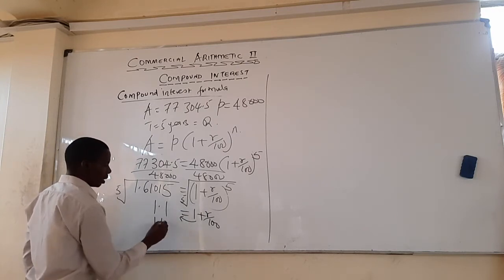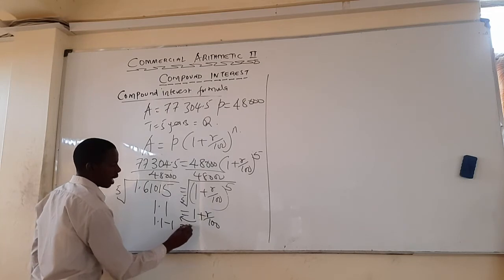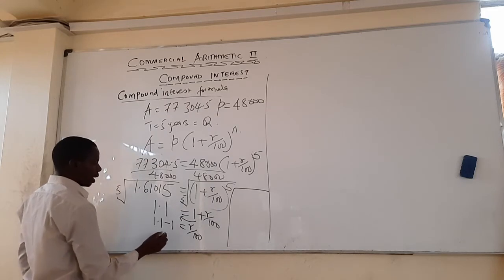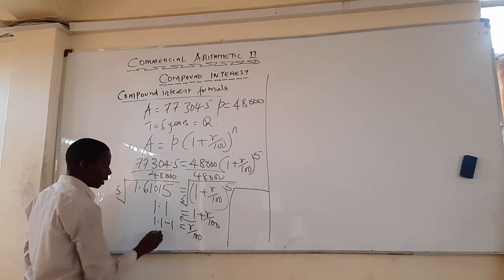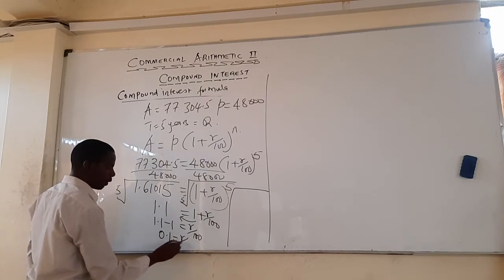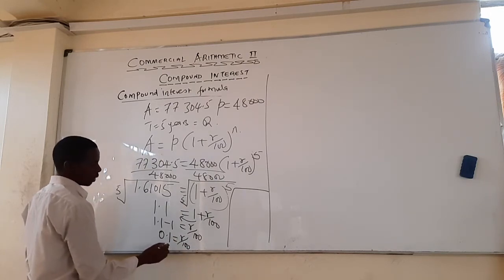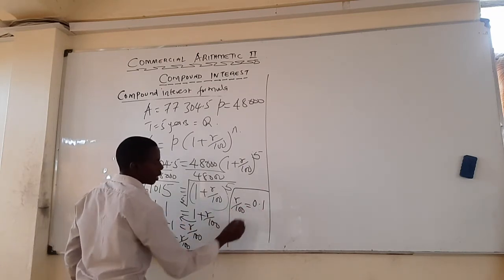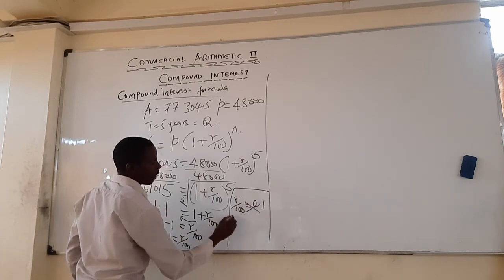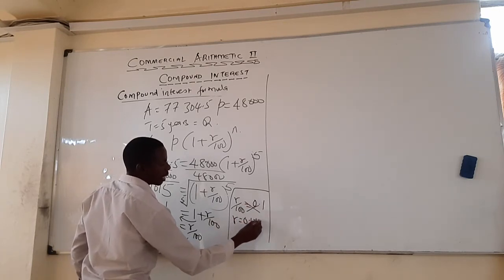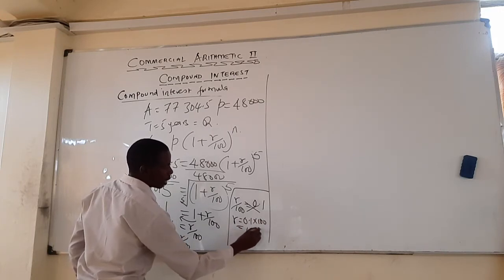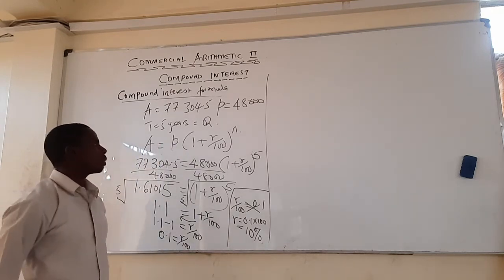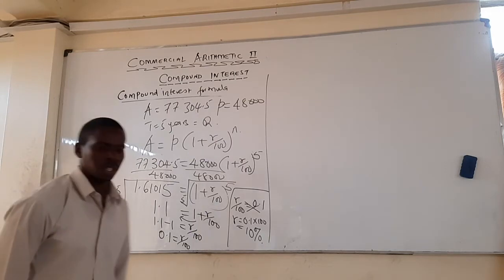This is plus, on the other side is going to be minus 1, equals R over 100. And then 1.1 minus 1 is 0.1 is going to be R over 100. And then when I cross multiply, I have R will be 0.1 times 100, and this is going to be 10%. That is how you can be able to get the rate being provided with the other values there.